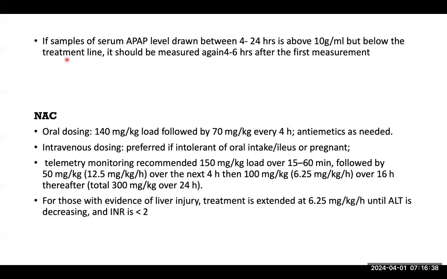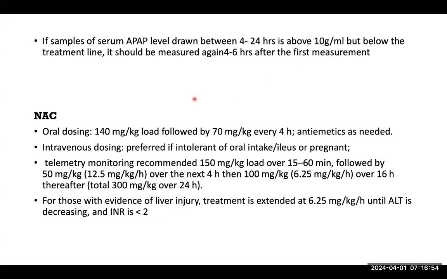So if samples of your acetaminophen level drawn between 4 to 24 hours are above 10 micrograms per ml, as I said before, but below the treatment line, it should be measured again 4 to 6 hours after the first measurement.